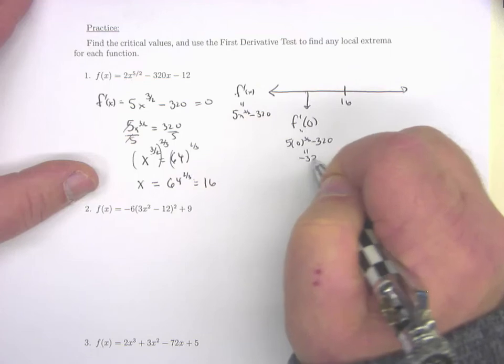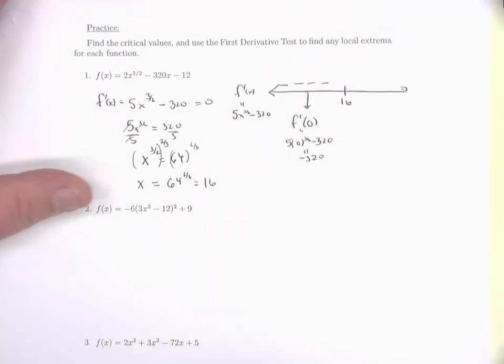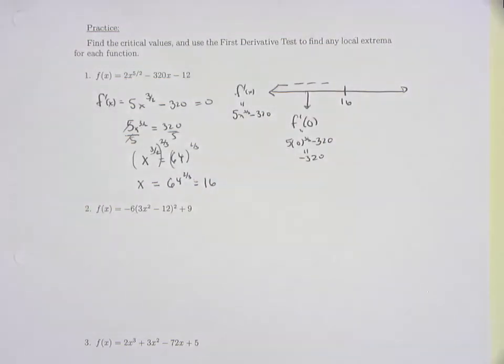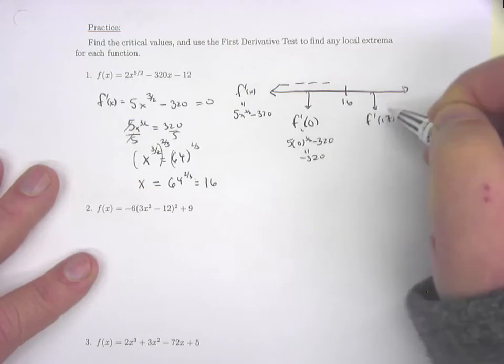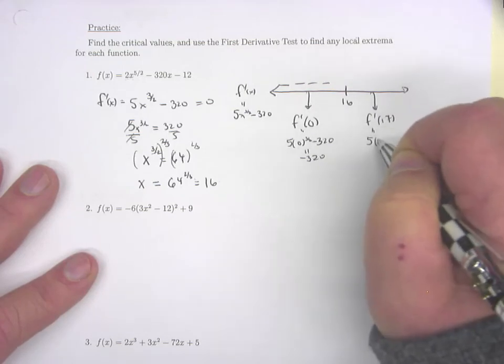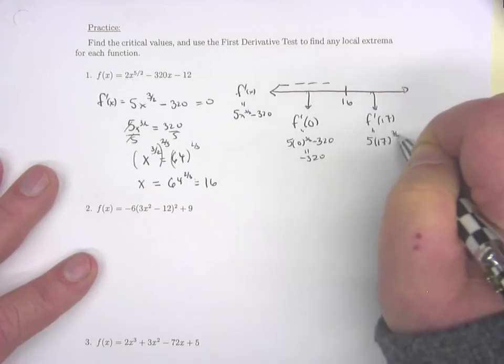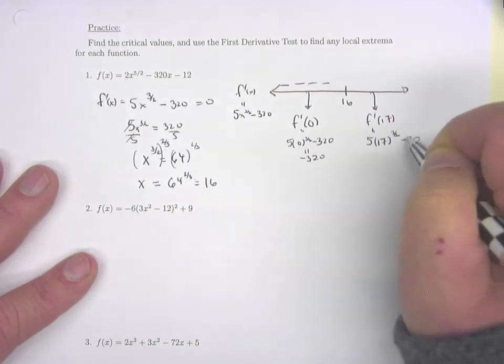I don't care what the number is. It's negative. So everybody in that interval is negative. Pick a number bigger than 16. I choose 17. So f prime of 17 would be 5 times 17 to the 3/2 power minus 320.